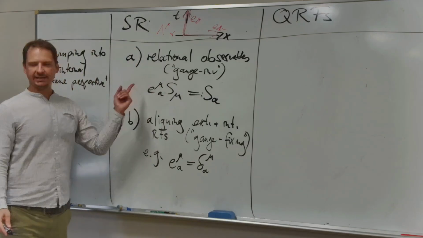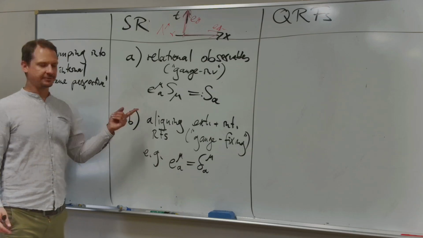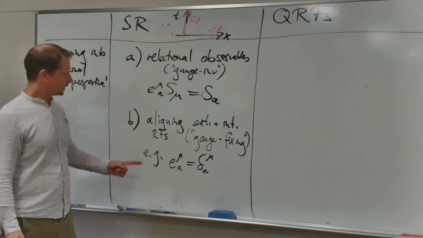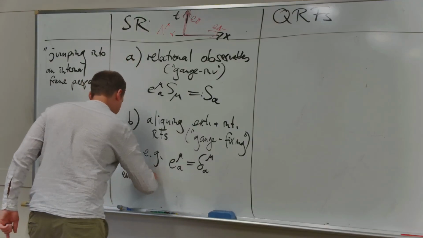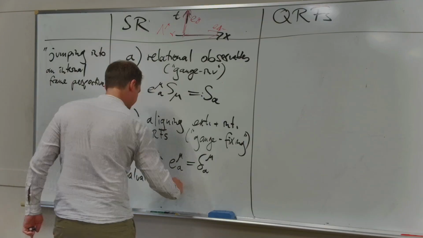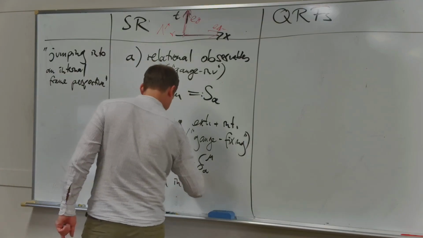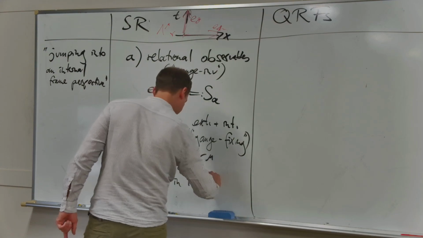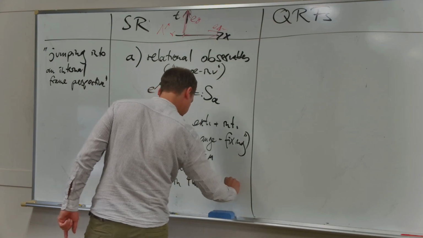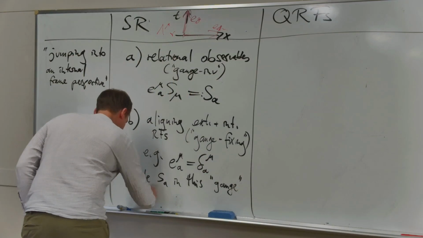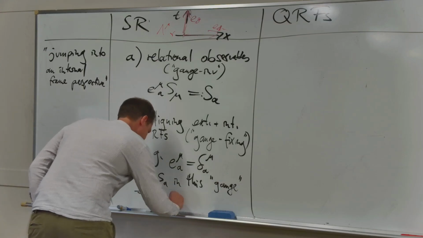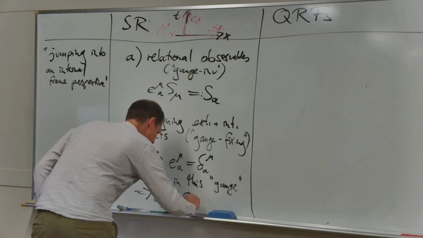This is, of course, gauge invariant, or external frame invariant. But now you can evaluate SA in this gauge. And then, of course, I'll just have that SA corresponds to S mu in this case. Right?